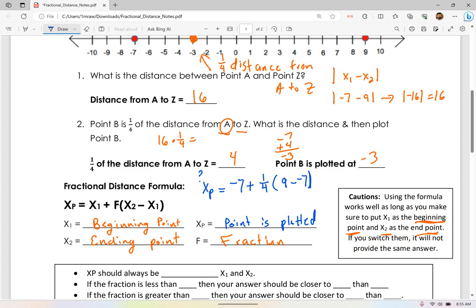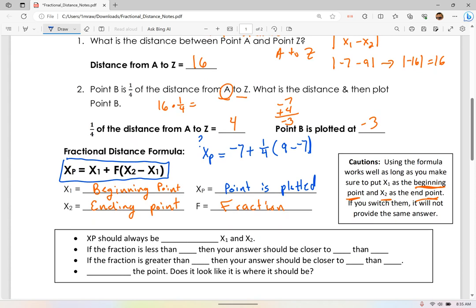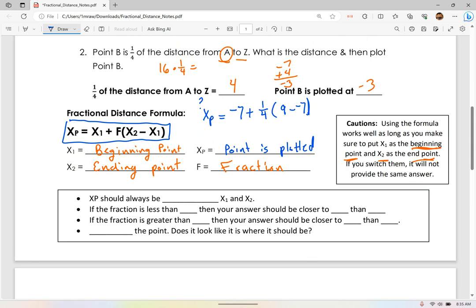That's a special formula that you can derive from. Okay. Again, you have to make sure that x1 and x2 are labeled as your beginning and end point, and make sure you read the questions very carefully. Okay. And then xp should always be between, right? So this point right here should always be between x1 and x2.